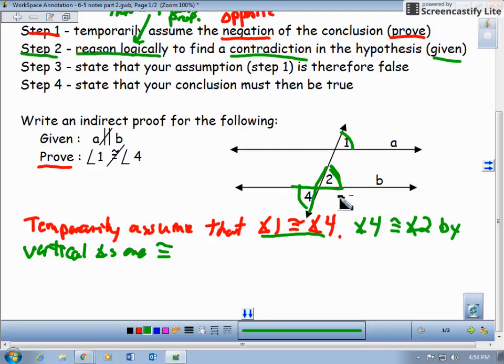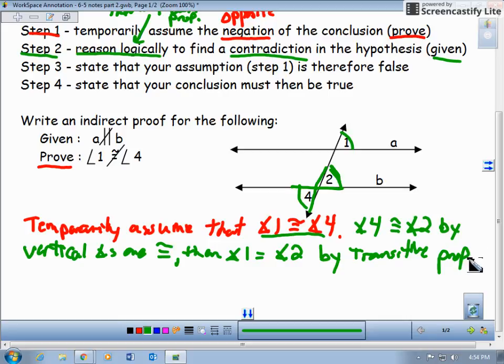Then I can say that angle 1 would be congruent to angle 2 by the transitive property. I'm going to abbreviate here a little bit. You're saying, why am I doing this? Why am I getting angle 1 congruent to angle 2?